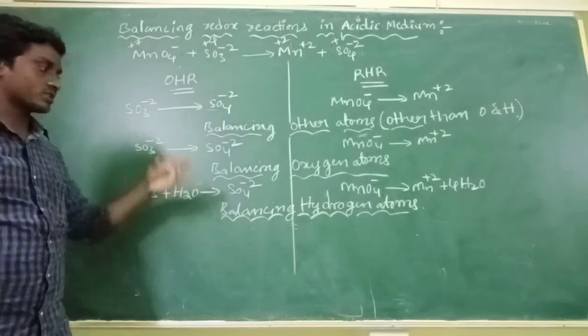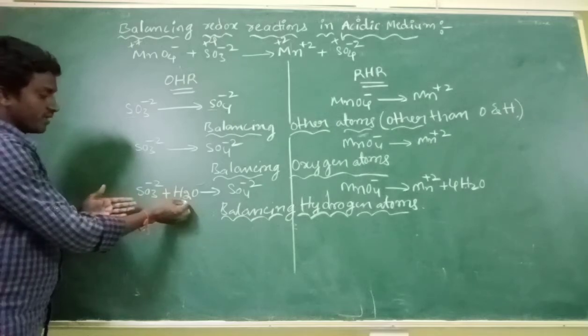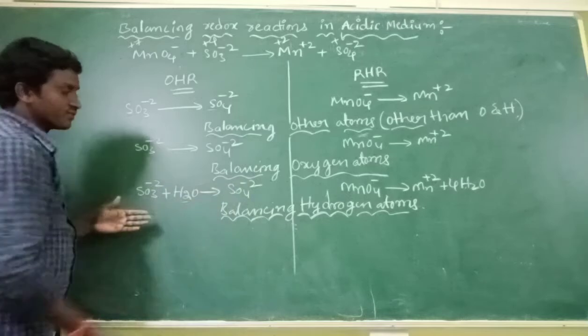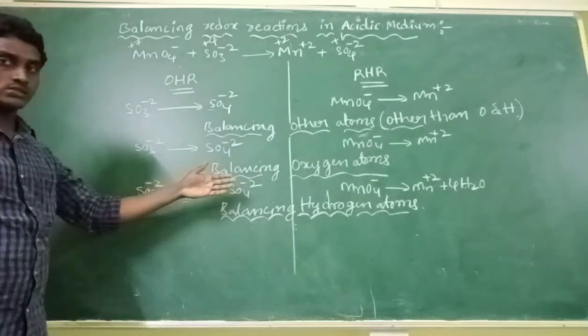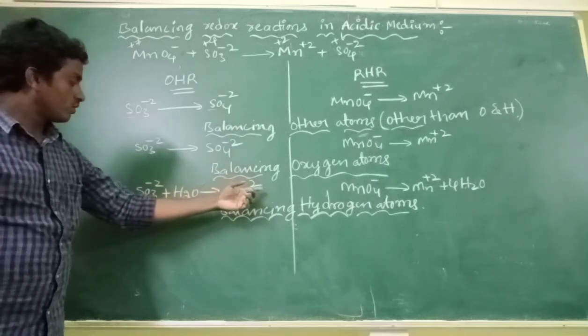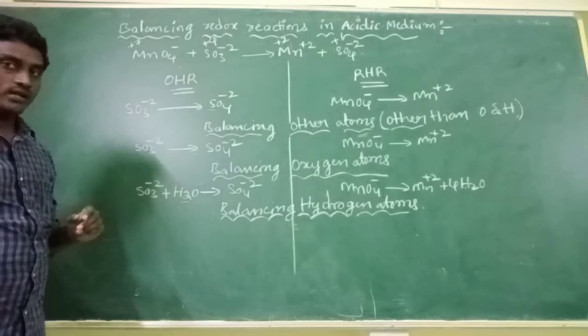For example, in this oxidation reaction, on the left side 2 hydrogens are present, on the right side no hydrogens. So we have to add H plus ions to the right side of the oxidation reaction.